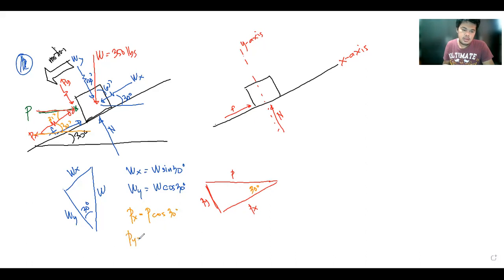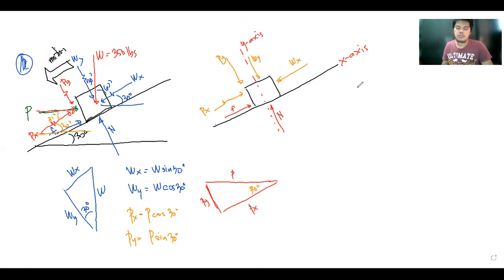And Py would be P sine of 30. So such that we have these forces in our free body diagram: Wy and Wx, and a component here that would be Px, and another component here that would be Py.